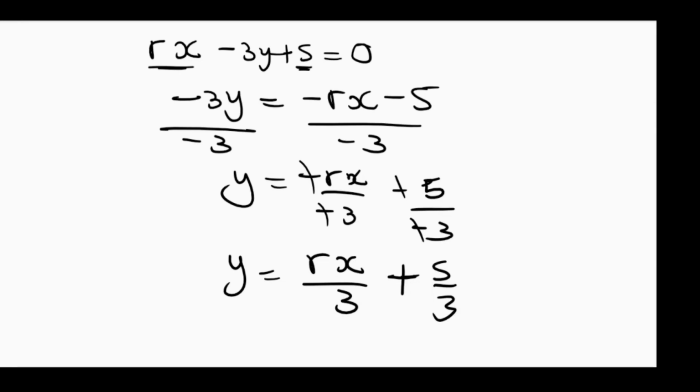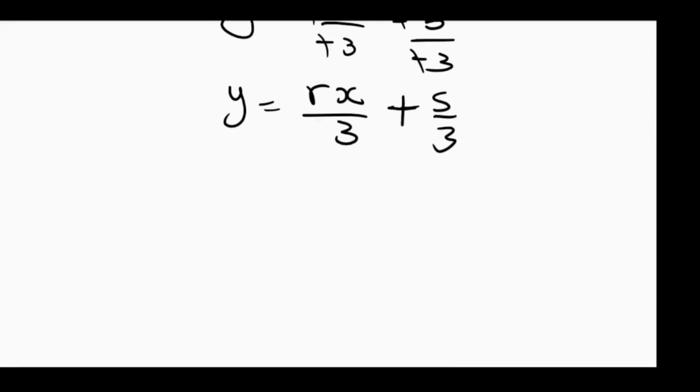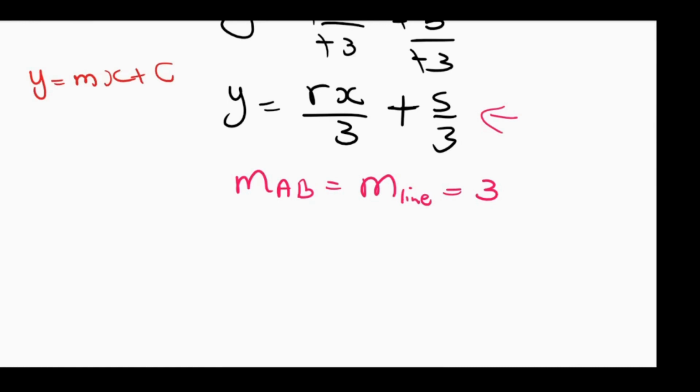So you have this standard equation that we have here, and you need to note that the gradient of AB is equal to the gradient of this line here, let me just write line, which is equal to 3. So what defines a gradient in a straight line? y equals mx plus c, right? So this is the gradient.